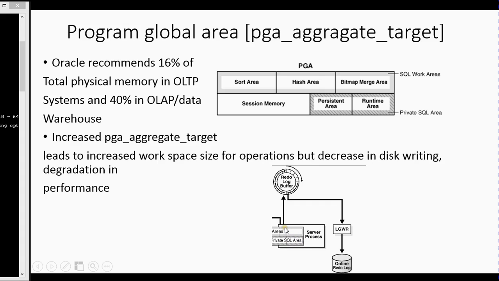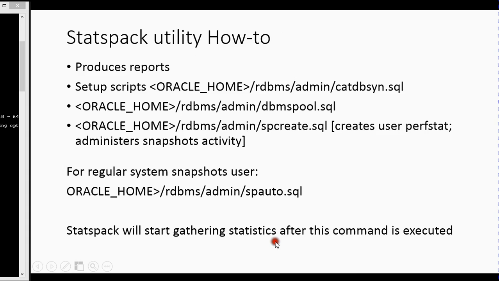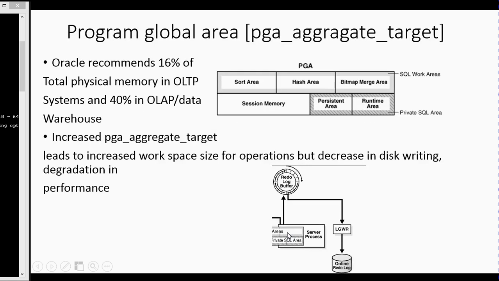It's going to say, okay, one, I want to send you to the database buffer cache. Two, I'm going to send you to the redo log buffer. But if you make it difficult on the server process by expanding the PGA, meaning that you have all these operations taking place inside the server process, then the server process is going to take longer to do the writing into the redo log buffer and into the database buffer cache.